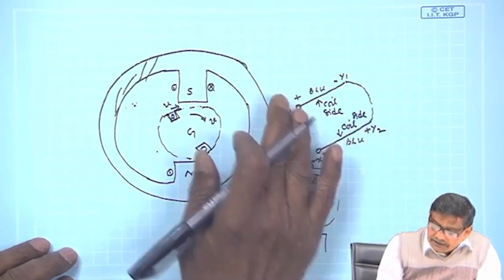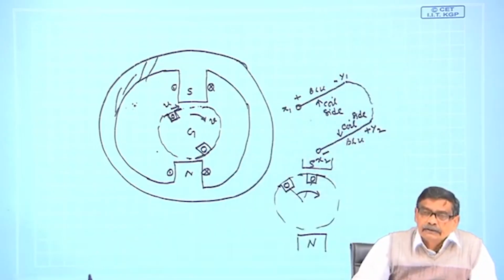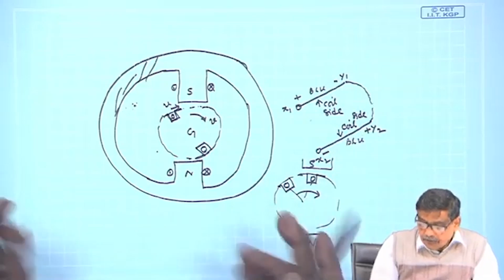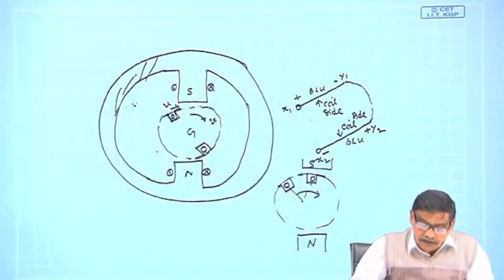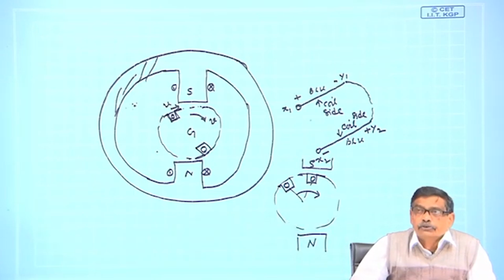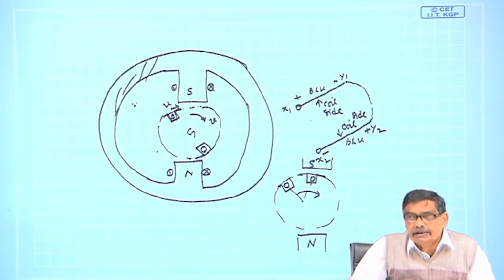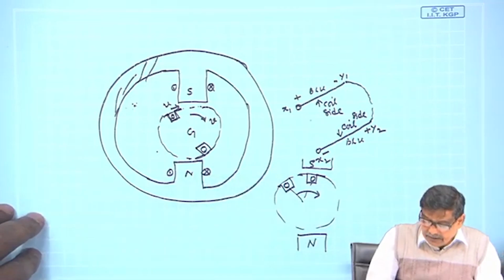So, two coil sides connected in series is called a coil with two free terminals x1, x2 available to us for passing current or collecting voltage from those two terminals, depending upon whether it is operating as a motor or as a generator. More to this will come.